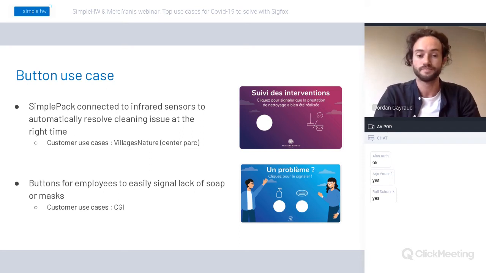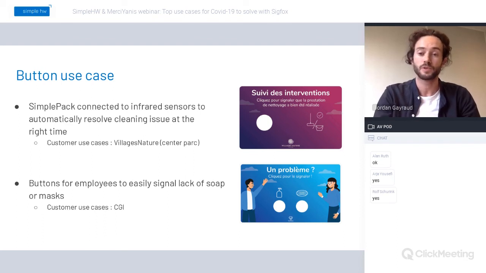With the facility managers, we define limits of people in the room. When this limit is reached, an incident is automatically created inside MerciYanis. We alert the facility manager by several communication channels, like mobile, mail, or WhatsApp, and we also directly warn the cleaning team.